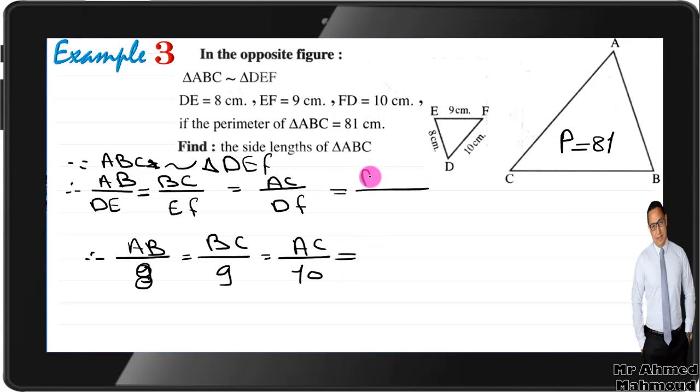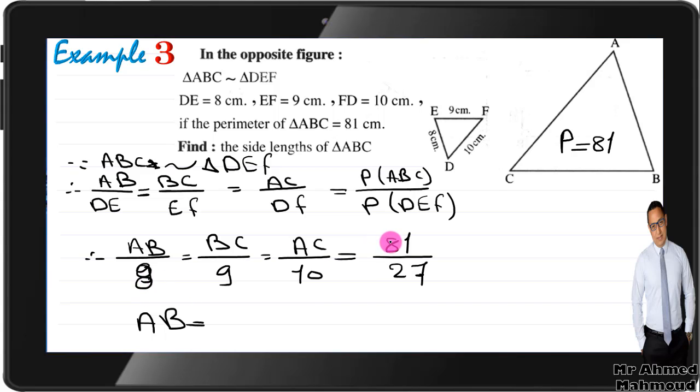Here I can write perimeter of ABC, and here perimeter of DEF. It's equal to 81, and the perimeter of this one, 8 plus 9 plus 10 equals 27.